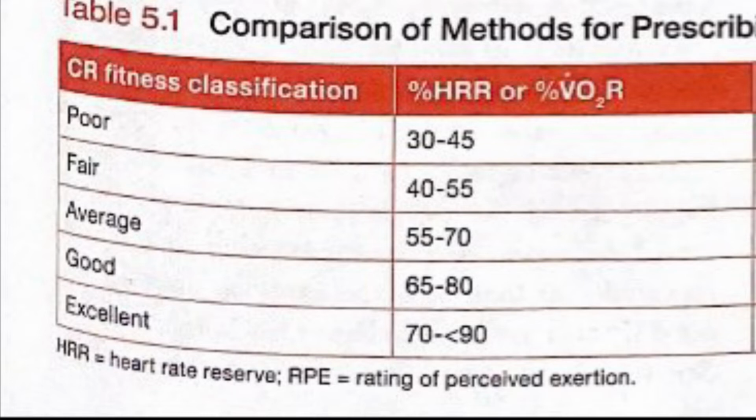The first value will be your minimum heart rate, and that second value would be maximum heart rate. For example, if you determine that John's fitness classification is good, your minimum value would be 65% of the heart rate reserve, and your maximum value would be 80% of the heart rate reserve.